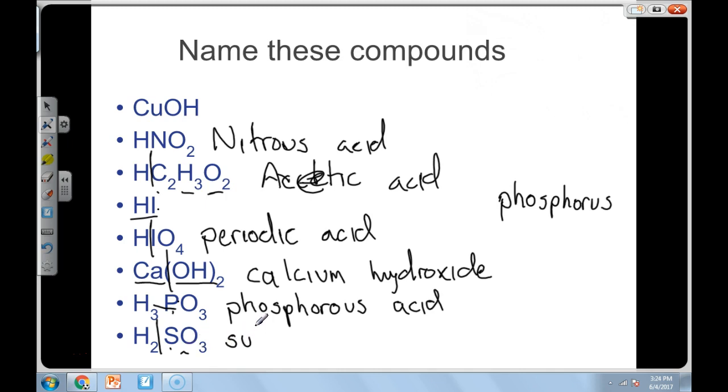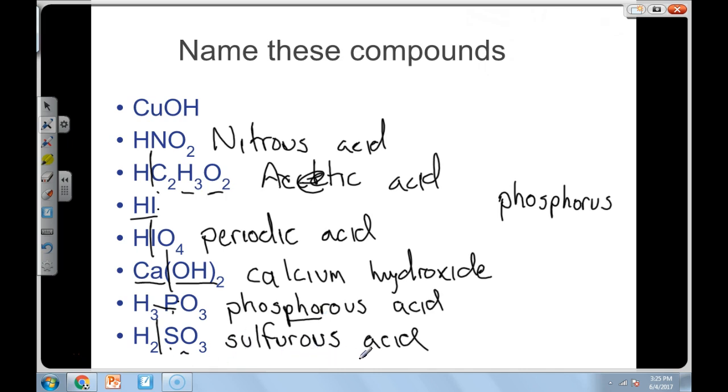So this is going to be sulfurous acid. So for acids of sulfur polyatomic ions, we add that extra syllable, sulfurous. And for phosphite, we add the extra syllable, phosphor. So it's going to be phosphorous or phosphoric, sulfurous or sulfuric.